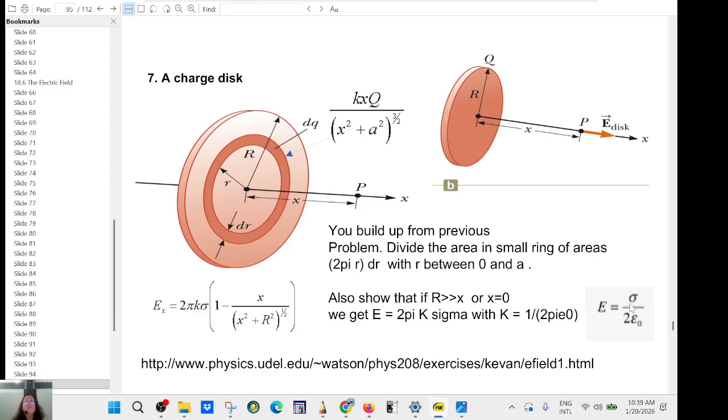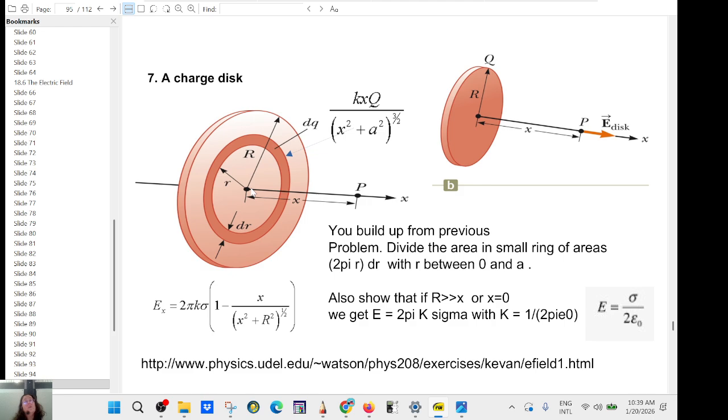When you take calculus, you learn about line integrals and double integrals, where you try to divide. Here, we're going to divide this surface area, which is a disk, into rings, okay? Because we already know the electric field of a ring.